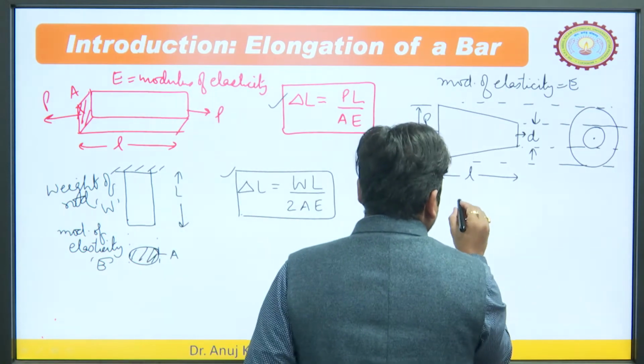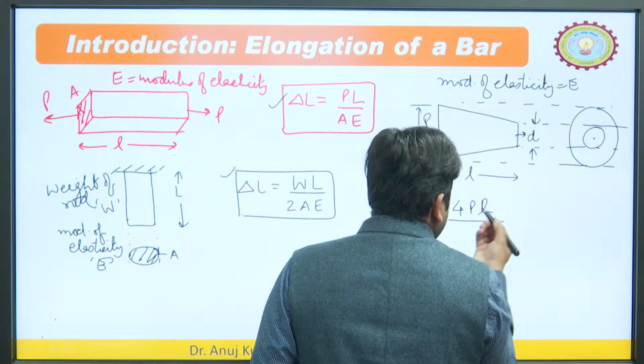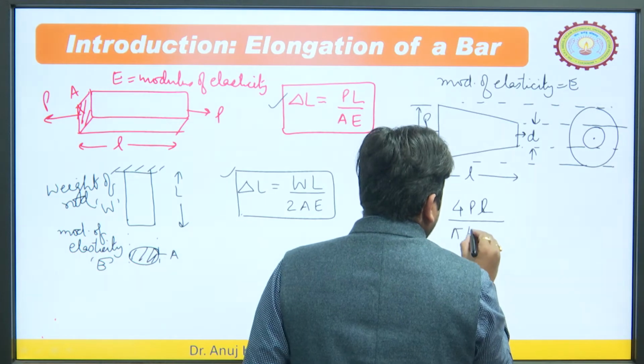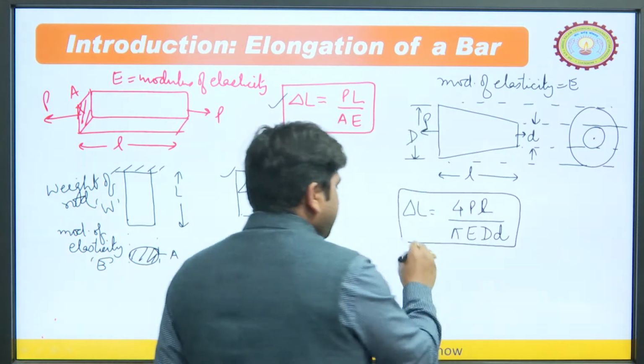The elongation will be equal to 4 P L upon pi E capital D small d, where L is the length. So, these formulae we have to remember.